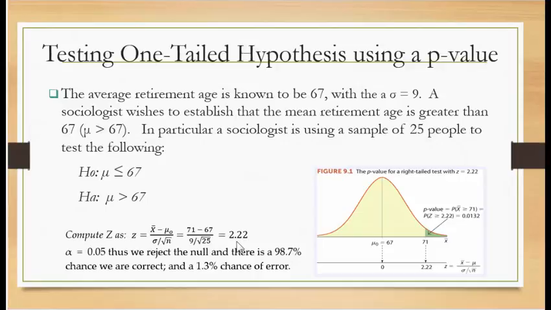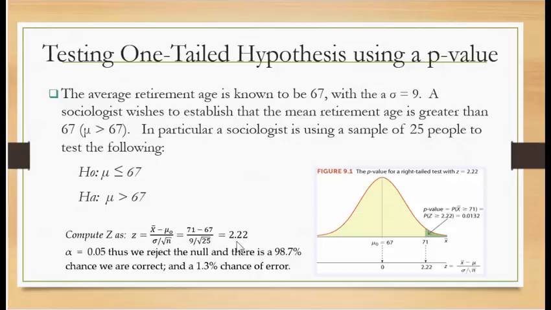So remember back from basic z-chart interpretation, we are talking about a value that's 2.22 standard deviations away from the mean. So the p-value on that, of course, is quite small.